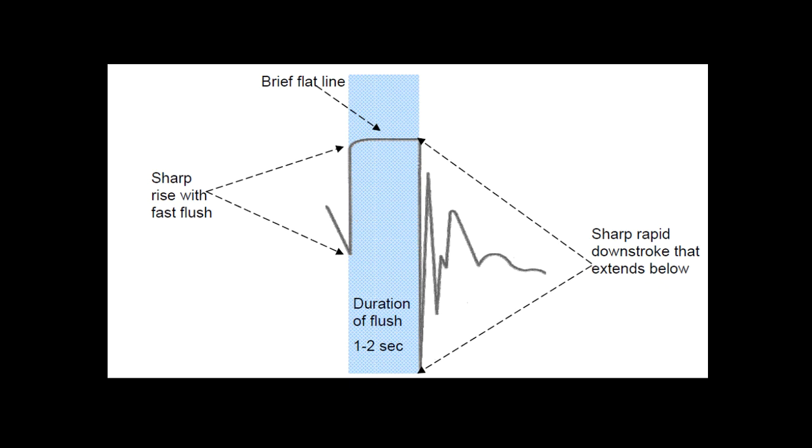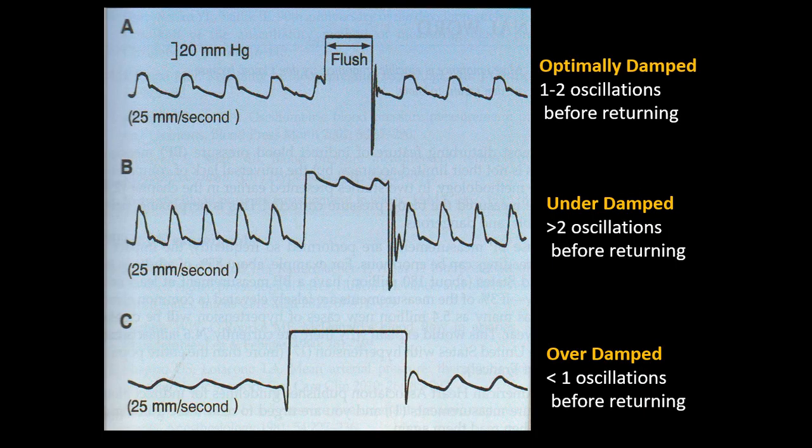The moment we switch on the flush test, there is a sharp rise, a brief flat line, and then the pressure goes down, and then there are 1 to 2 oscillations. So this is an optimally damped system, where you can see 1 to 2 oscillations before returning to the baseline. Underdamped system has more than 2 oscillations, and overdamped system has less than 1 oscillation.